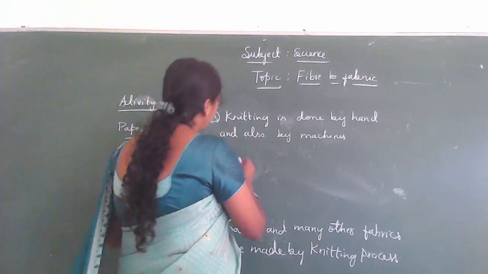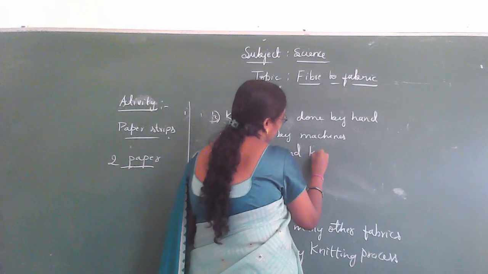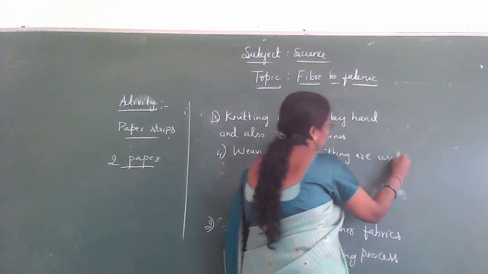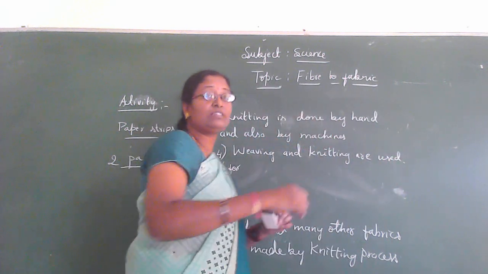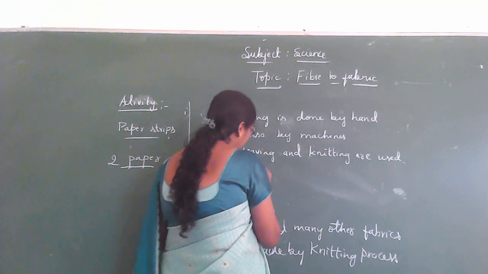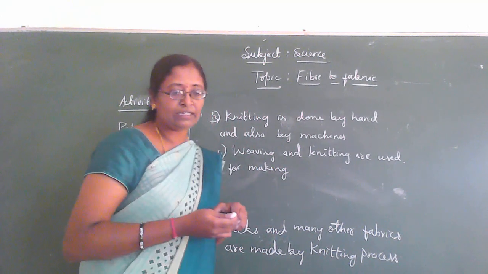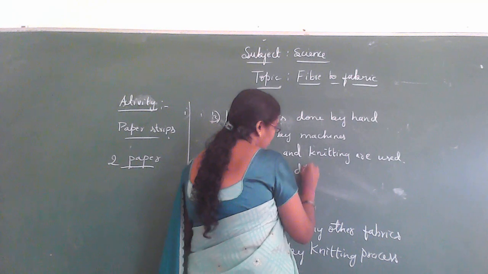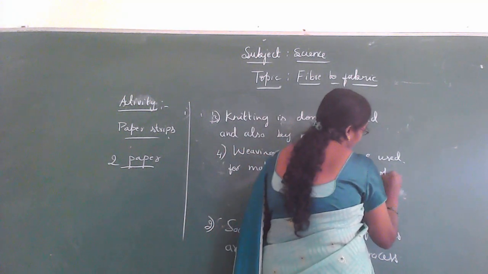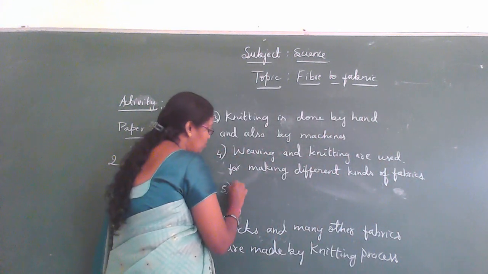So weaving and knitting, these two processes are used for what purpose? For making different kinds of fabrics. And these fabrics are used for a variety of clothing items.